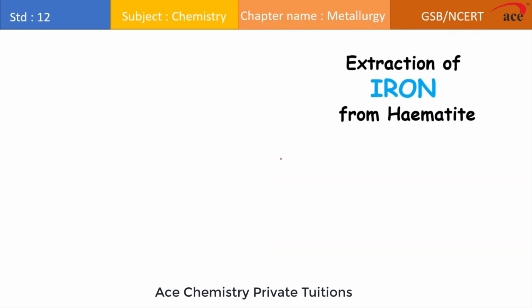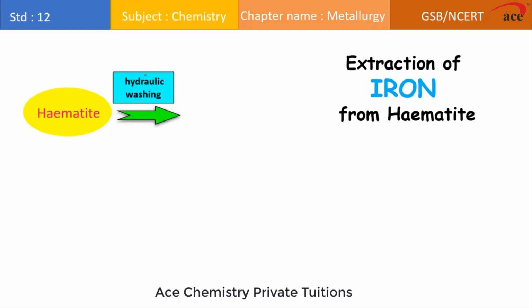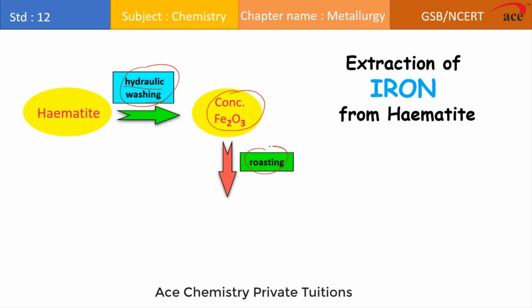Now if you see this flow chart, if you want to remember, during extraction of iron from hematite, the hematite is first concentrated by hydraulic washing, and it gives concentrated hematite, that is Fe2O3. The next step is roasting.